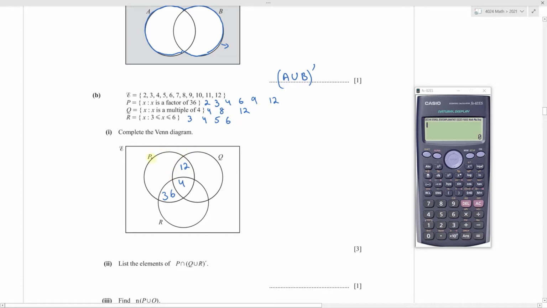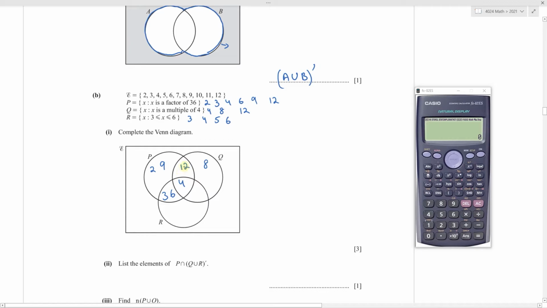And that's it. And so let's now list out the remaining numbers in P, Q, R. So let's look at P. So you have 2, 3 is already here, 4 is here, 6 is here, 9 is not written already, so we will add 9 here, 12 is already here. And then let's look at Q. 4 is here, 8 is missing, so 8 will be here.